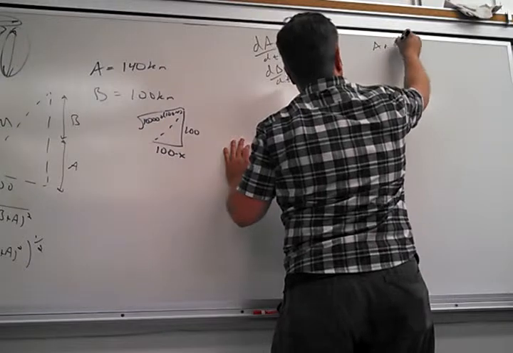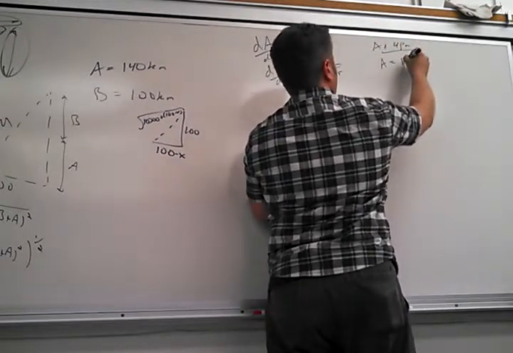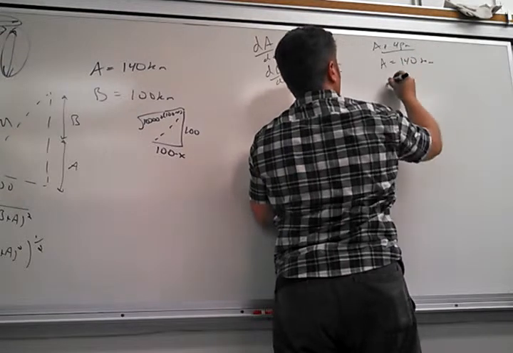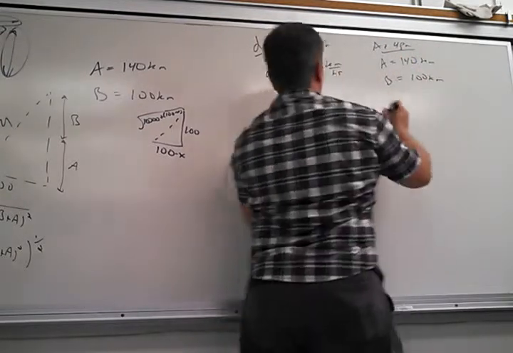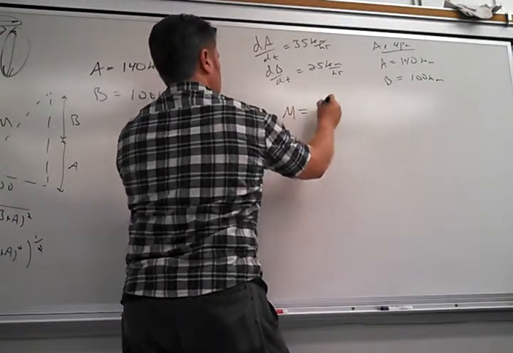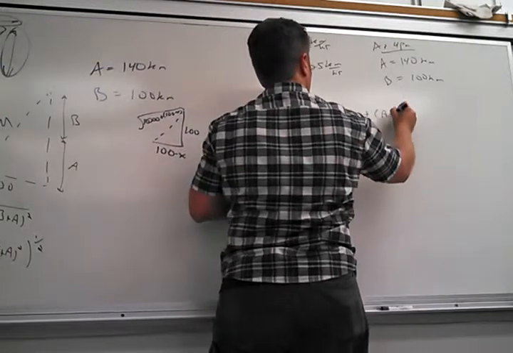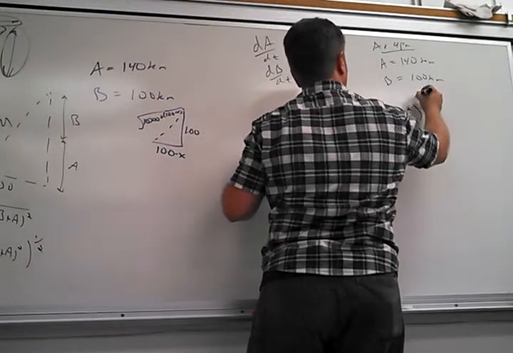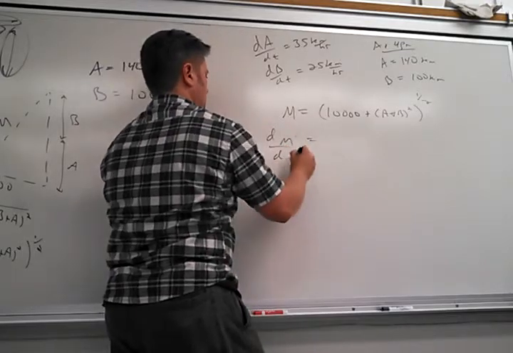And at 4 p.m., A was 140, and B was 100 again. So if I look at this, what's this guy's derivative going to be? Let me be more specific.